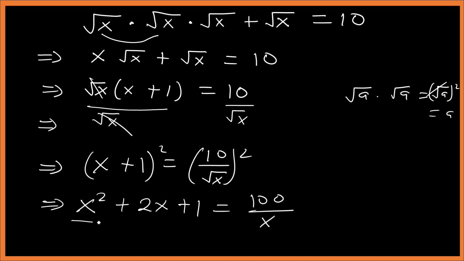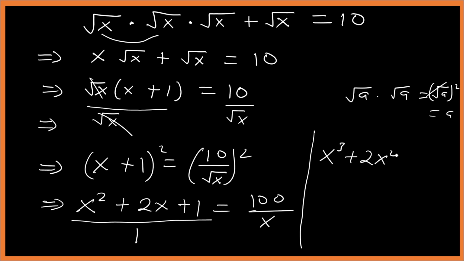So let's make this side over 1. So x times x squared, x cubed, plus 2x squared, plus x equals 100.